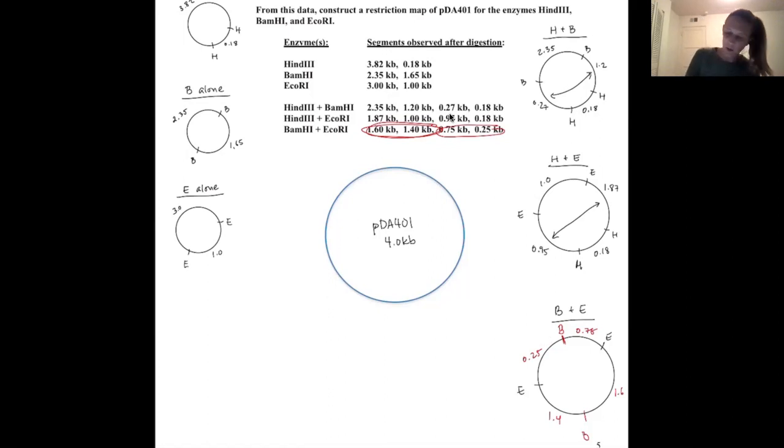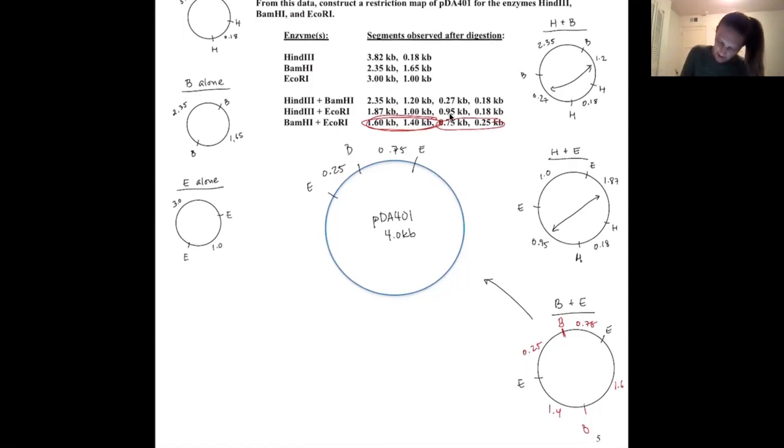All right, now our job is to figure out how we can put any of this together. So on my big map here, I am going to start with our BAM eco map that we just had, just as a starting point. So what we had is BAM 0.75 to eco, and we had another eco at 0.25.